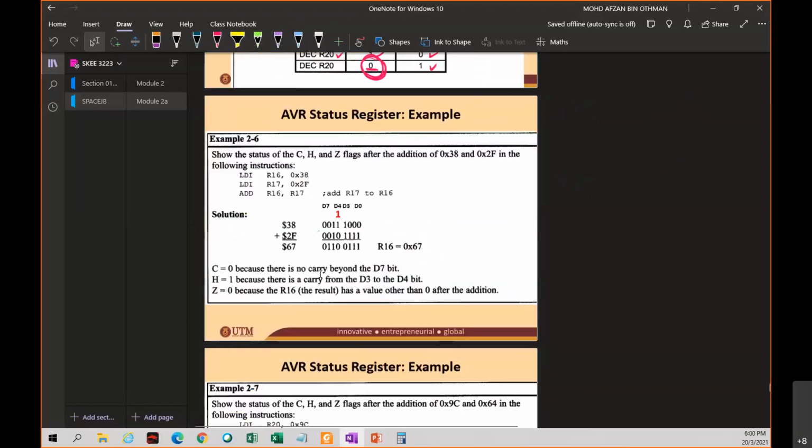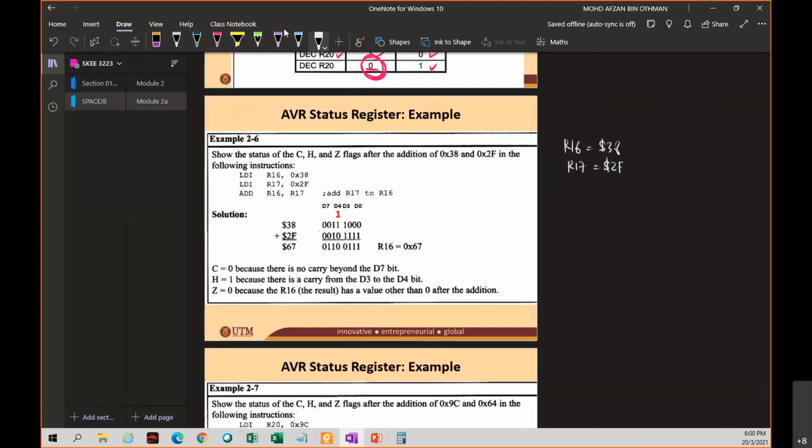Okay, another example. Show the status of the CH and Z flags after the addition of the following instruction. Okay, mula-mula LDI R16 38, LDI R17 2F. So you know that. Okay, so R16 akan ada 38, R17 akan ada 2F.